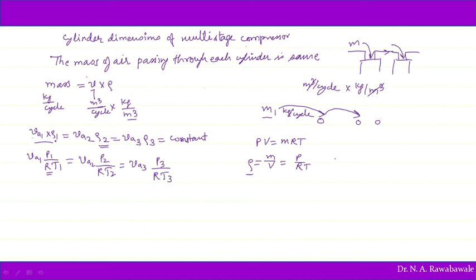So we are replacing rho as P divided by RT in every case. So this is going to be constant.